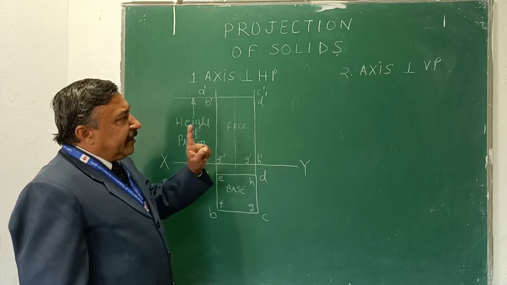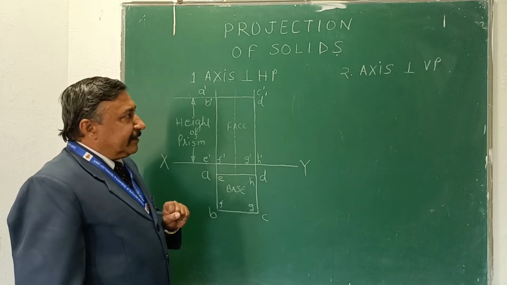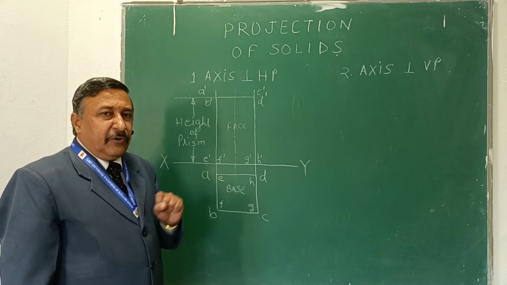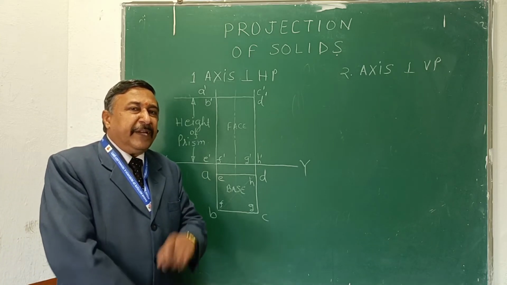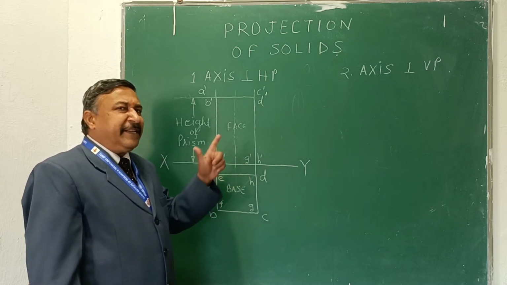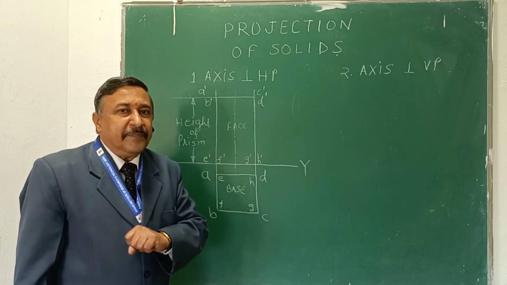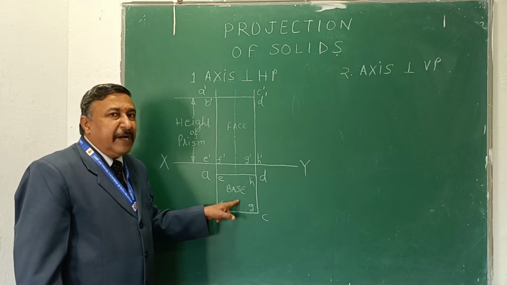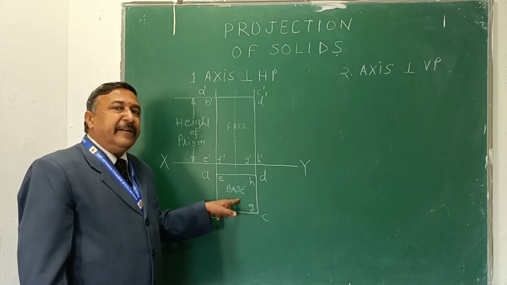Now, if we have to draw the other position of the axis, that is, axis perpendicular to VP. If the axis is perpendicular to VP, we can think that the base is in the VP, and when the base is in the VP, it will be seen in the front view. So, first we have to draw the front view instead of the top view, because the base is in the front view.